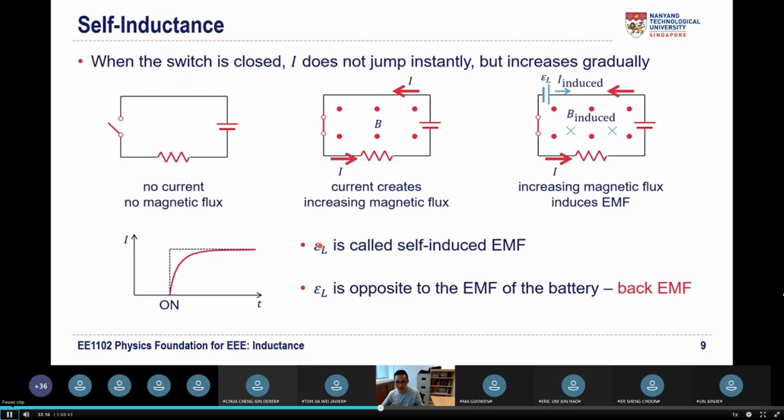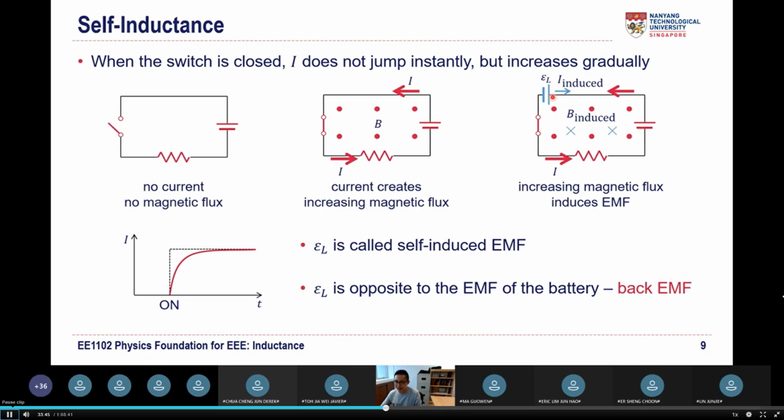So this epsilon L, which I drew in blue, is called the self-induced EMF. And why is it called self-induced EMF? Because this EMF is created by itself, as it was trying to oppose the sudden flow of the electric current, which created the sudden increase in the magnetic flux.